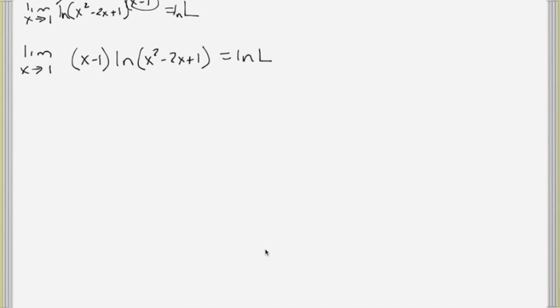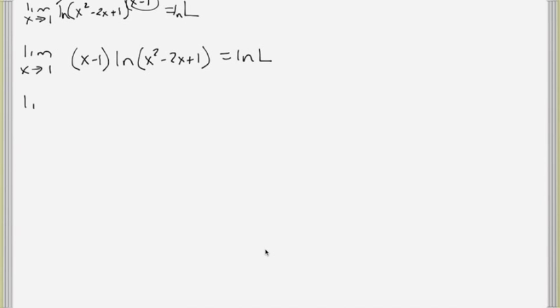So we use the same strategy no matter what type of exponential indeterminate it is. Set it equal to our answer and take the ln of both sides, which allows us to drop down that exponent. When I drop that down, this is not a fraction, and I need a fraction to be able to do L'Hopital's.